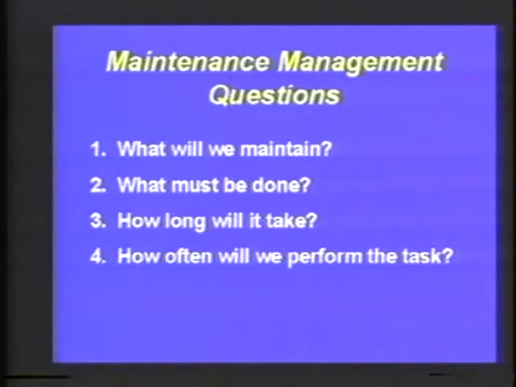Now, how often will we perform the task is a function of 4 different data inputs. The first one can be from a shop calendar, which is a fixed input. Every 90 days I have to perform an activity. Every 120 days I have to perform another activity, and so forth. The second input would be from machine hour meters that are actually metering the running time of machines or other assets.